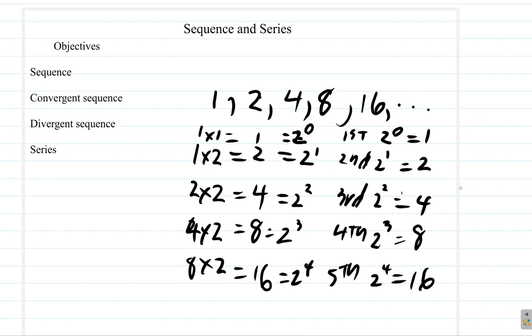So another way you could write this is to say, now notice the first term is 2 to the 0, so the term in a certain position is equal to something.